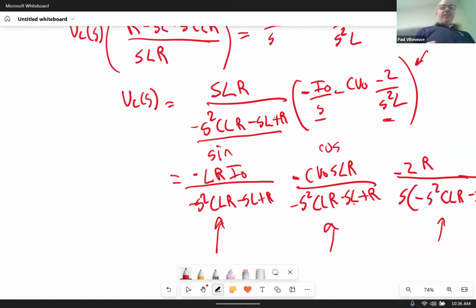And if you don't like negatives here, no problem. Make that a plus, make that a plus, make that a plus, and then this becomes minus, doesn't it? Just multiply the numerator and the denominator by -1. And then minus.